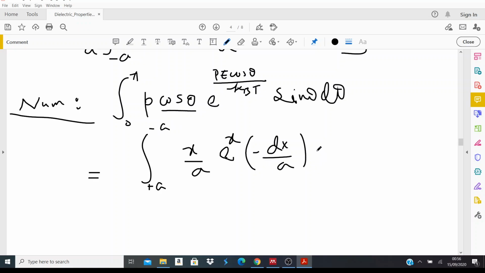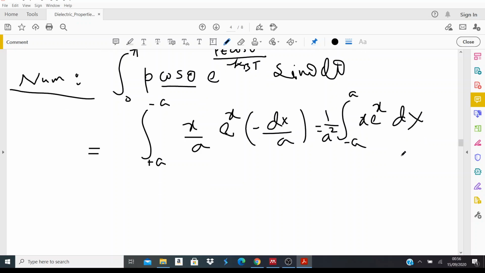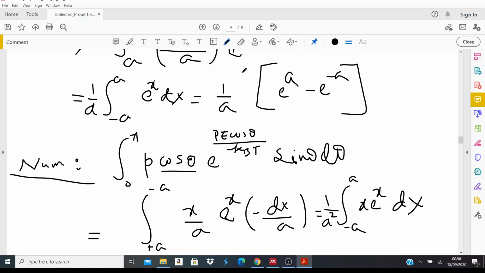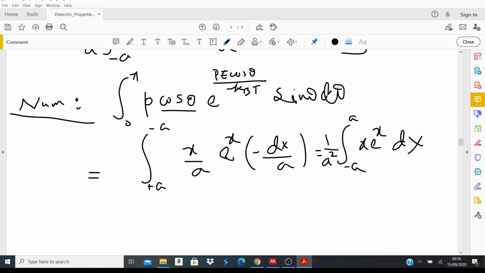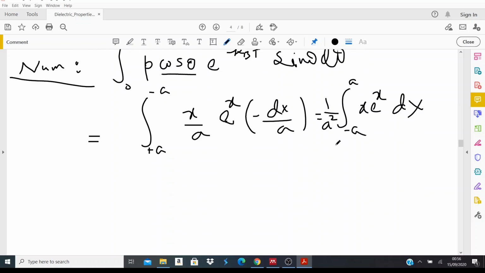And then from this expression we can use this minus sign to exchange the integration order, so upper limit and lower limit can be exchanged, and we have a factor of 1 by a square, and we need to perform the integration e to the power x dx. So that's the expression for the denominator, and we are performing this integration for the numerator.